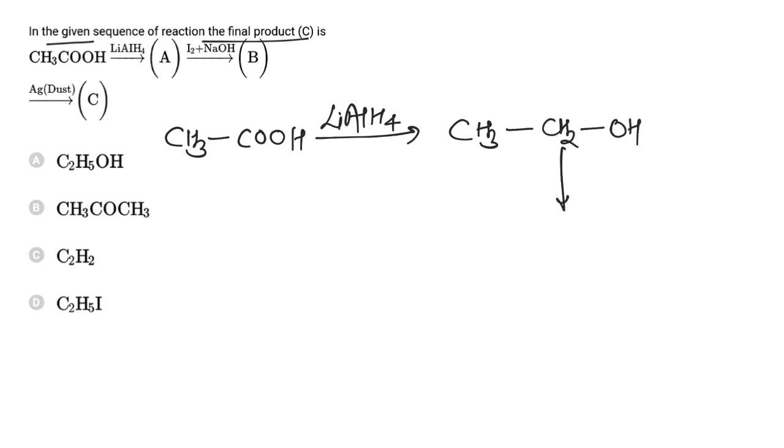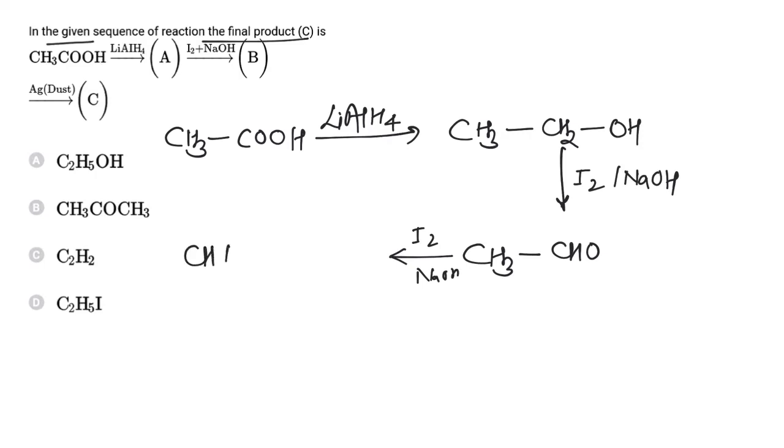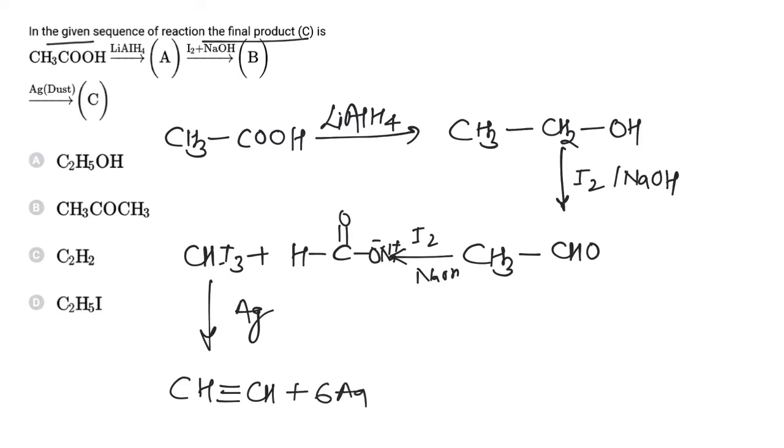Now this alcohol on reacting with iodine and NaOH will be converted to acetaldehyde first, and then this acetaldehyde will again react with iodine and NaOH, so it will be converted to iodoform along with formation of formate ion, sodium formate. Now this iodoform on reacting with silver will form acetylene along with formation of silver iodide, and hence the correct answer is C.